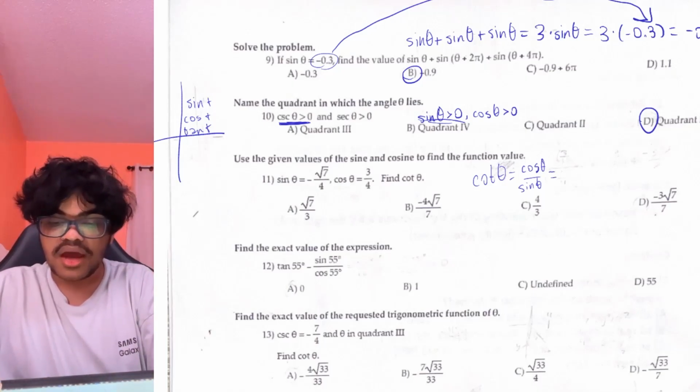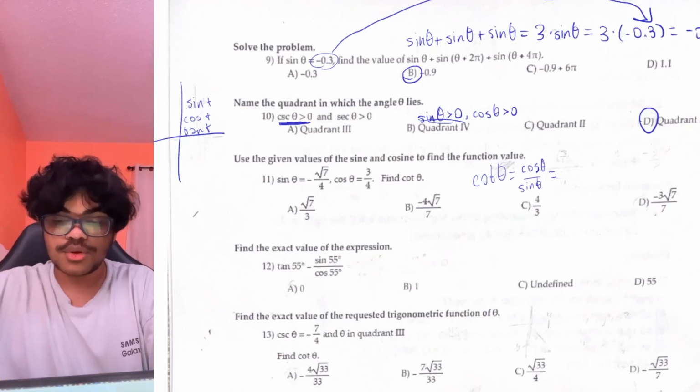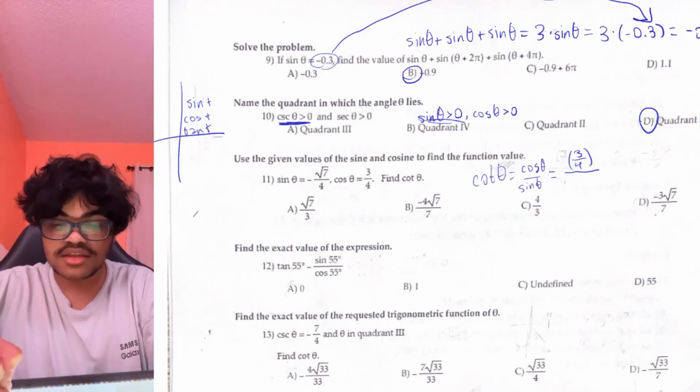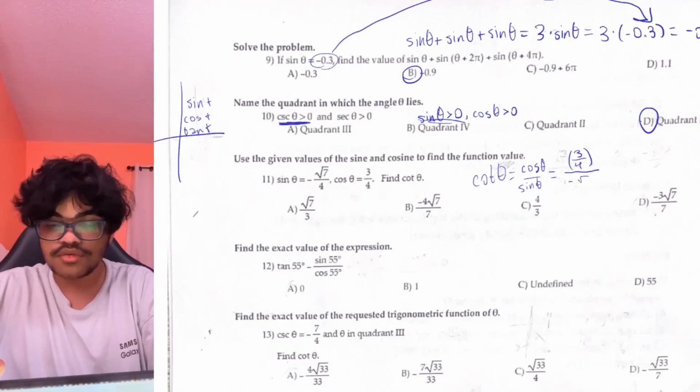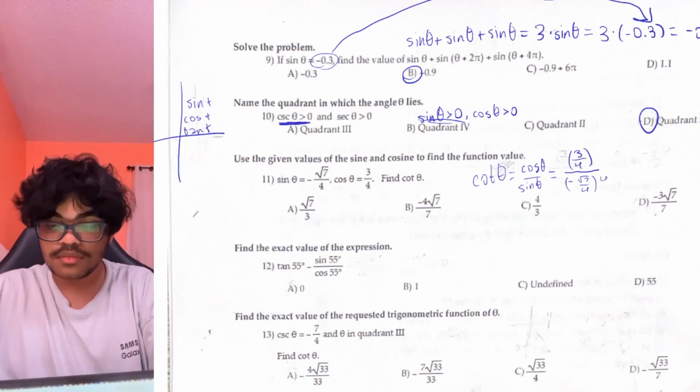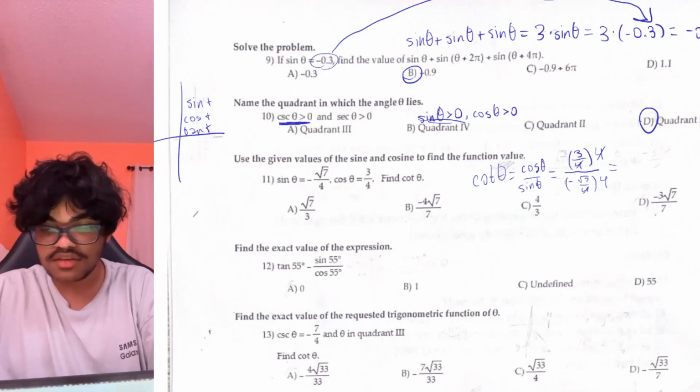So, our cosine value is 3 over 4, so we'll write 3 over 4 in parentheses, over sine theta, which would be negative square root of 7 over 4. Now, if we multiply the top and bottom by 4, the fraction will stay the same, and all of the 4's will cancel out, and we'll be left with 3 over negative square root of 7.